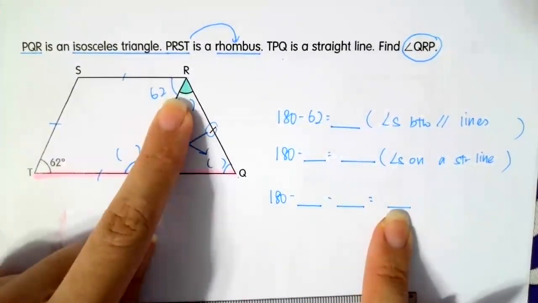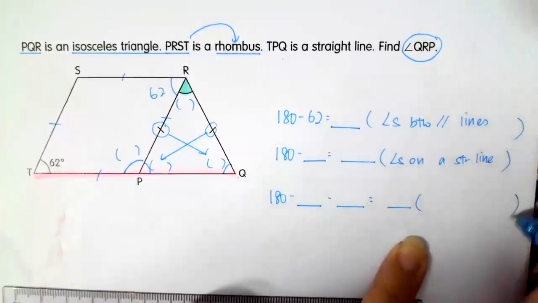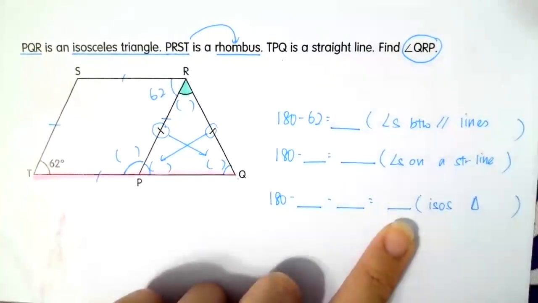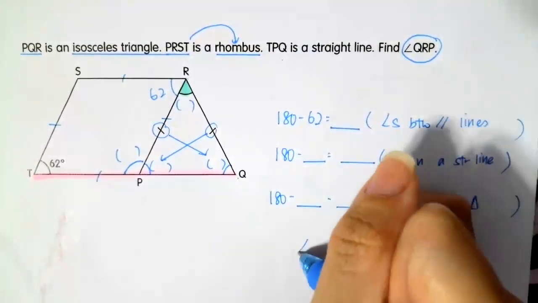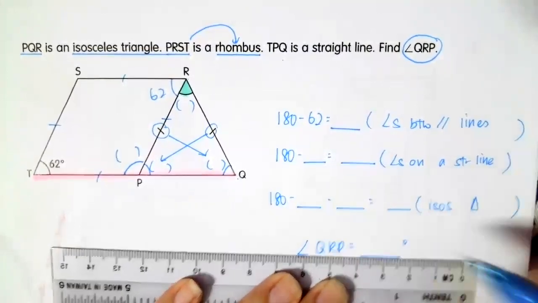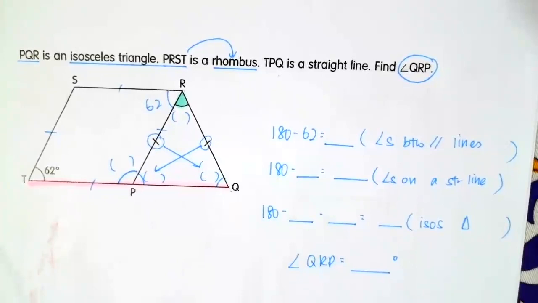You'll get the final answer for angle QRP. For this step, the rule is because it is an isosceles triangle. Then don't forget to label your angle QRP, and then your answer. All the angles must be labeled inside your figure.